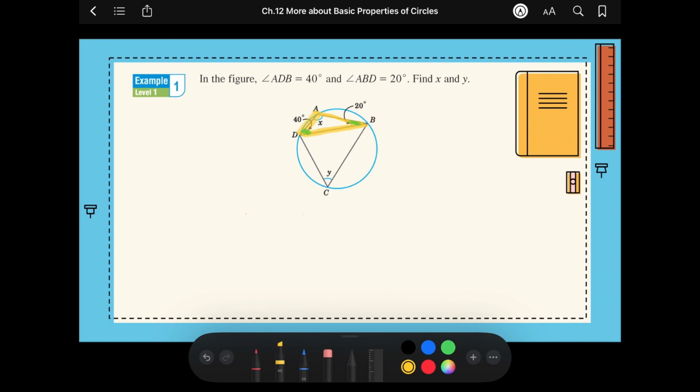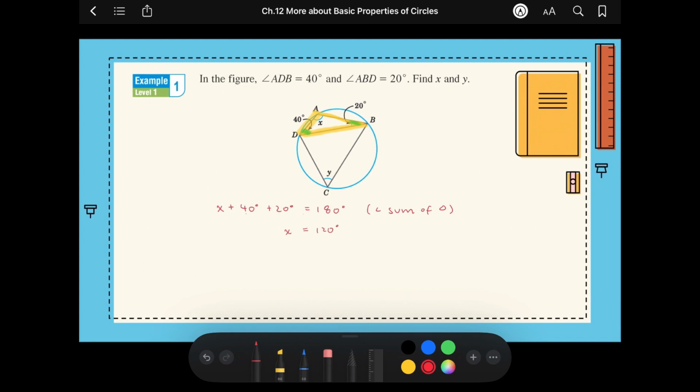Whenever you've got 2 angles, you can find the third one using angle sum of triangle. So X plus 40 degrees plus 20 degrees equals 180, because angle sum of triangle. Therefore, X is equal to 120 degrees.